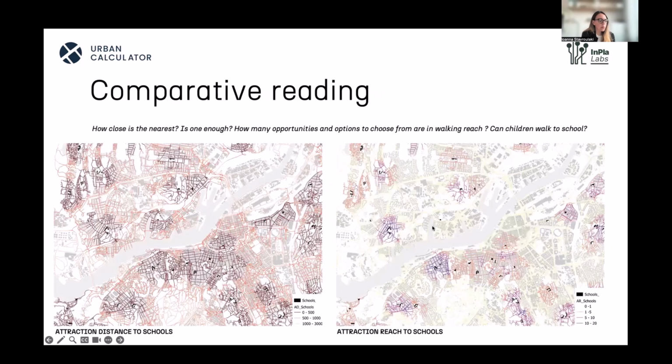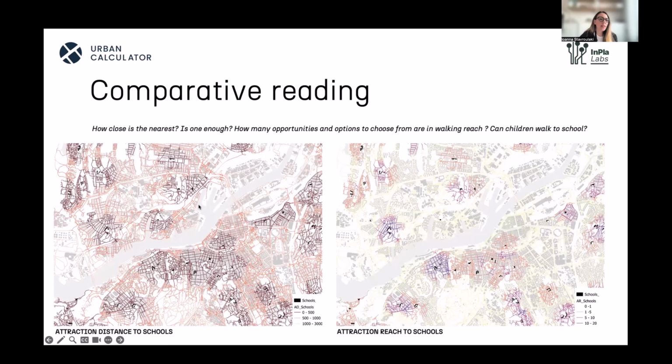To make it more simple, here we see, for instance, on the left, attraction distance to schools. So which streets, going from dark to light, have a school within 500 meters walking distance, which streets have a school within a kilometer walking distance, which streets have a school within 3 kilometers walking distance.